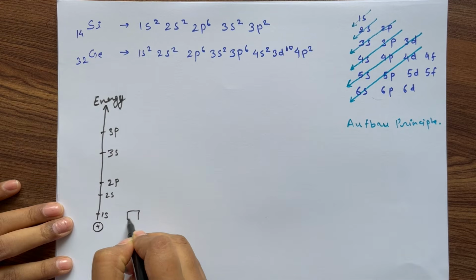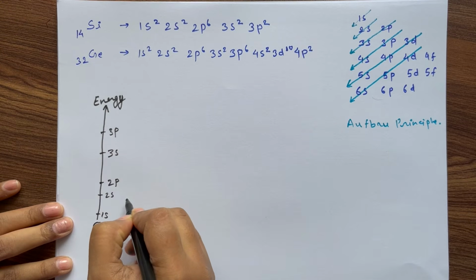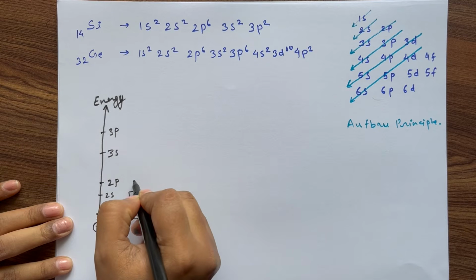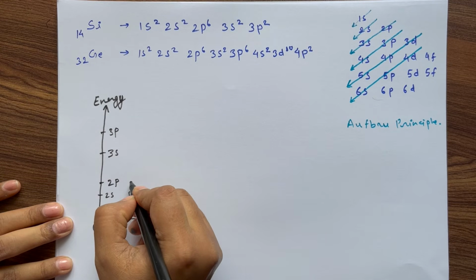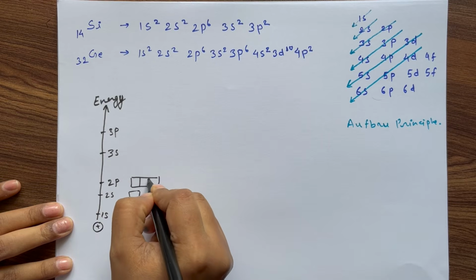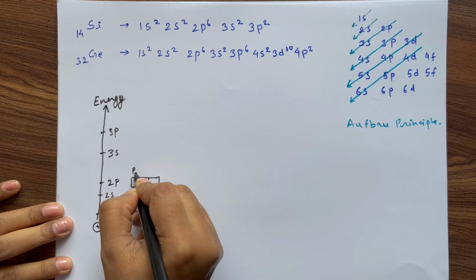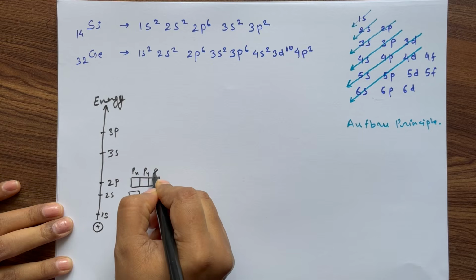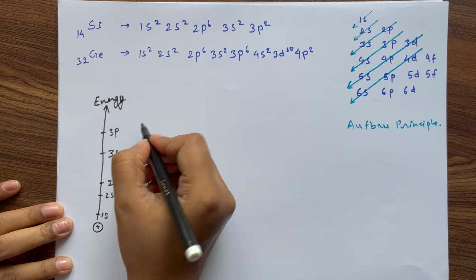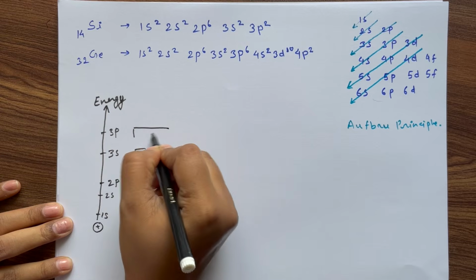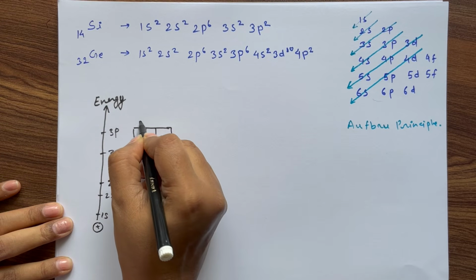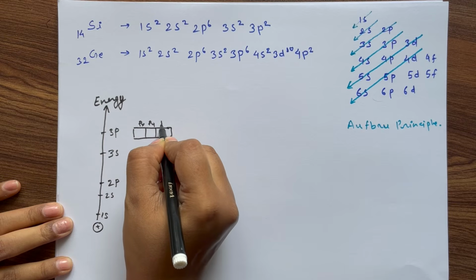Suppose this is 1s orbital, 2s orbital, 2p will have px, py and pz. So px, py and pz. 3s, and again 3p will have px, py and pz.